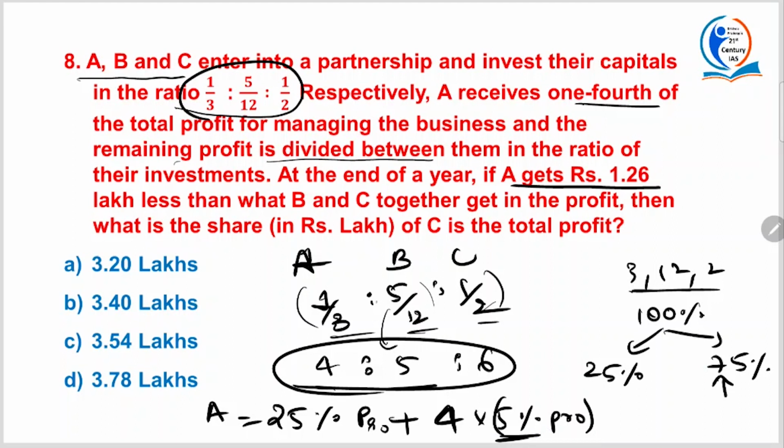Look at this one. 75% is divided into how many parts? 6 plus 4 is 10, 10 plus 5 is 15. So 15 parts is equal to 75%. Now, how much is one part of the profit equal to? It is equal to 5% of the profit. So here it is 4 into 5% of the profit.